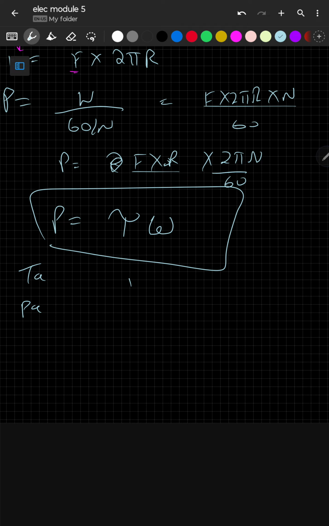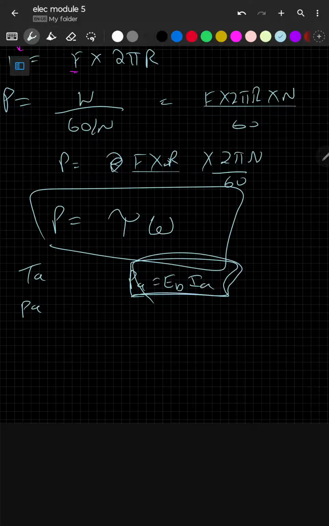Now you have to remember this formula: PA equals EB into IA. This you have to remember. One is 2 pi n by 60 and one is PA equals EB into IA. Now from here, find EB separately. So PA equals EB into IA, and P equals torque into omega. Correct?